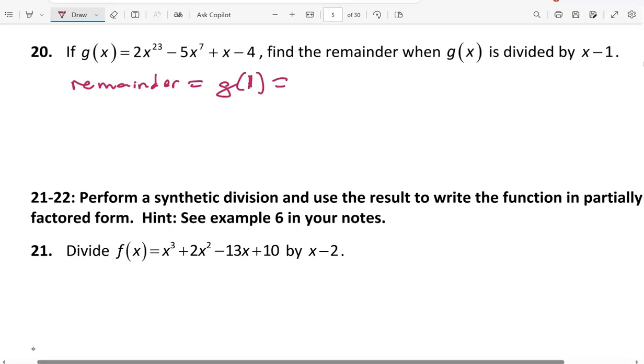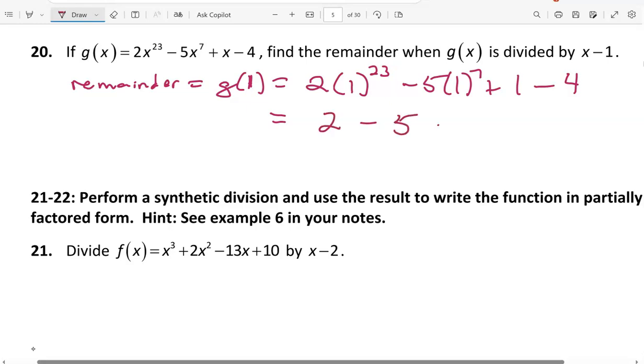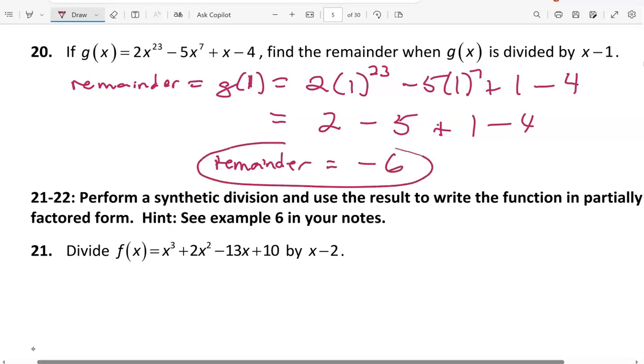So that result for g of 1 is equal to 2 times 1 raised to the 23rd power minus 5 times 1 raised to the 7th power plus 1 minus 4. 1 raised to any power is 1, so 2 times 1 is 2, 5 times 1 is 5, and then plus 1 minus 4, so that remainder is equal to 2 minus 5 is negative 3, plus 1 is negative 2, minus 4 is negative 6.